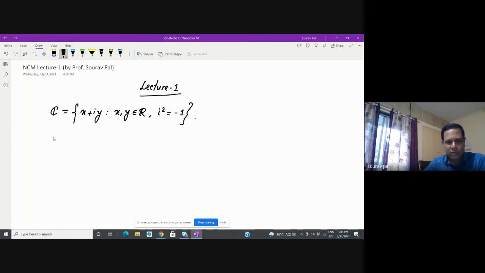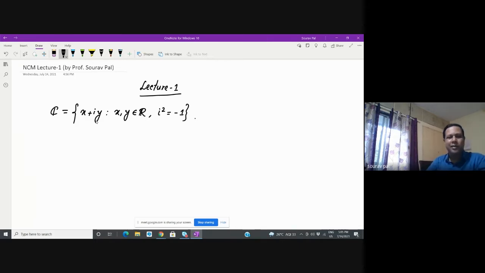So we are collecting all such x plus iy, where x and y come from the real line, and i is, for the time being, a number that if you square it, we will have -1. So this is what complex numbers are.